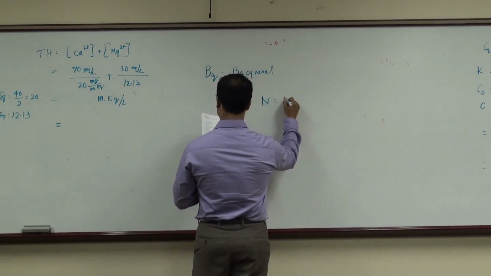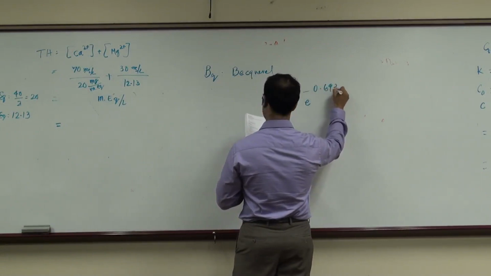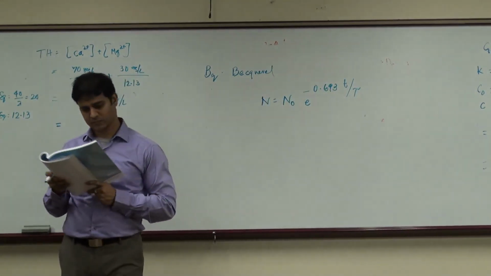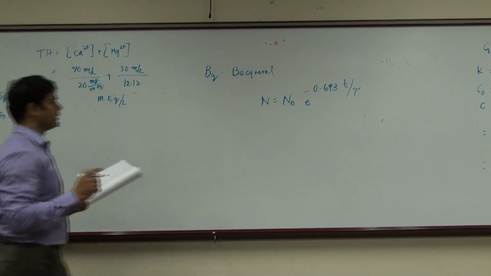So N is equal to N naught e power 0.693 T times tau. I think I'll make it simple.